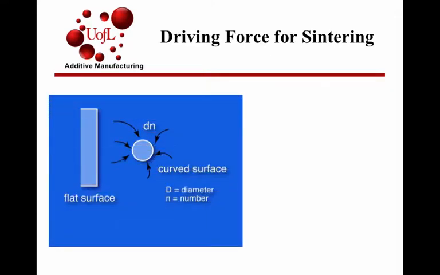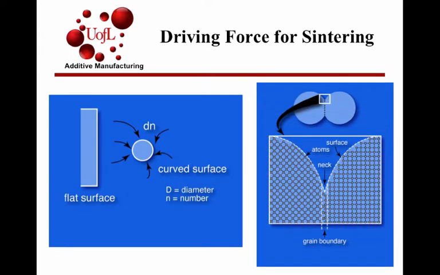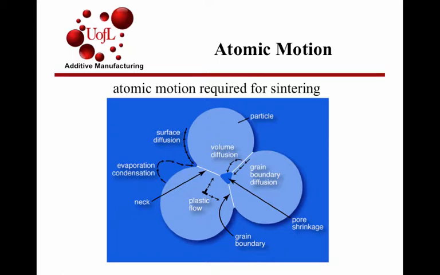The driving force of sintering we reviewed in the previous class, talking about the effect of atoms on a curved surface that is highly strained, with few nearest neighbors. There is a driving force of minimizing surface energy, able to drive atomic motion across powder particles. There are several mechanisms by which this atomic motion can be achieved during sintering. They're all diffusion processes typically.